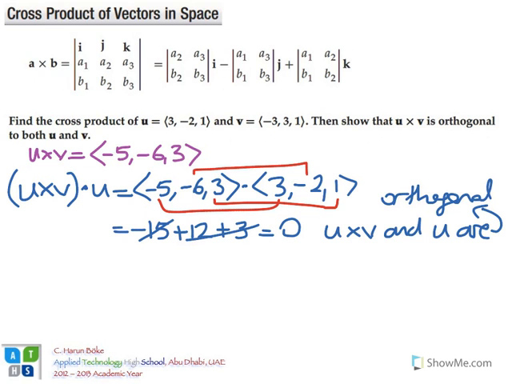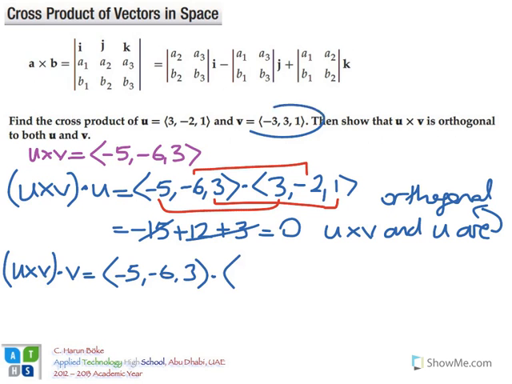Let's find u cross v dot v. In this case it will be minus 5, minus 6, 3 dot the component form of v, which is minus 3, 3, 1. If we do the calculation, it will be minus 5 times minus 3, which is 15.